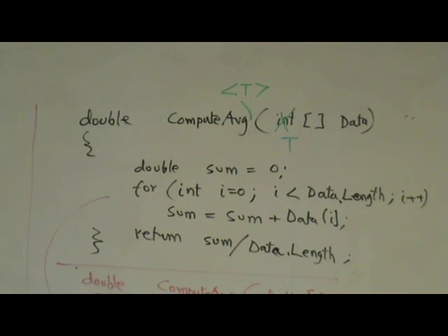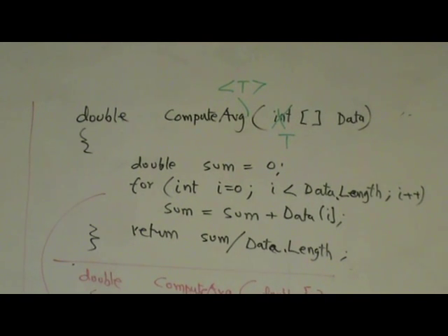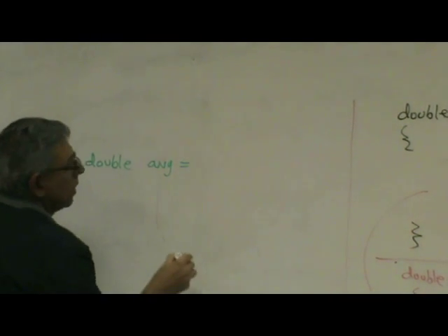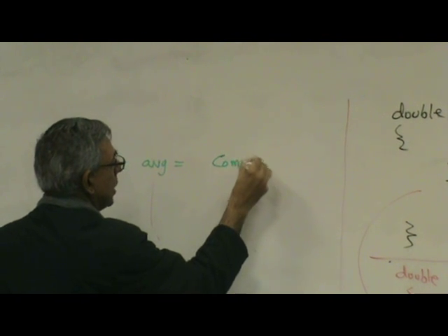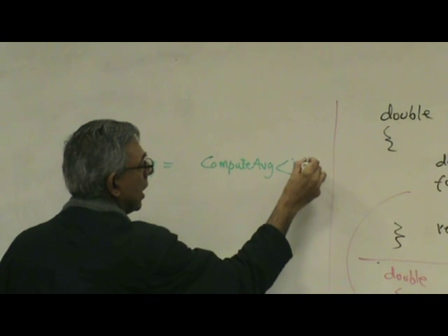Okay, so now there's a small problem over here. How will somebody trigger it if they wanted to compute the average of an array of integers? They will do something like this. Double avg equal to computeAvg, and after the name of the method, they'll say int, correct?